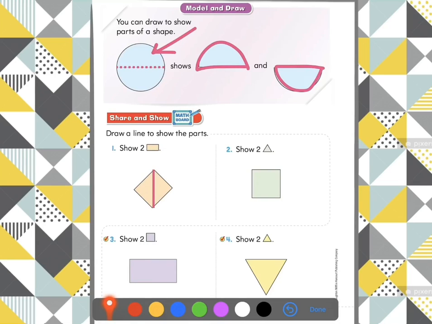It's not correct because the shapes I got are two triangles and they want me to show two rectangles. So I'm going to try to draw the line in a different way. Is this the correct way now? Wonderful, grade 1. So by drawing my line, I can take apart this shape to show two rectangles.